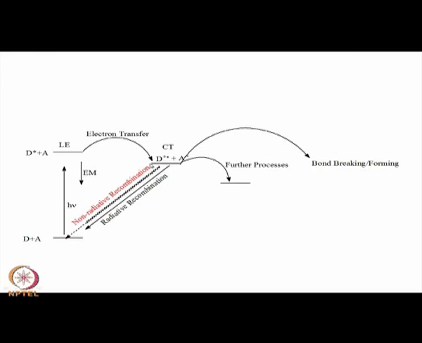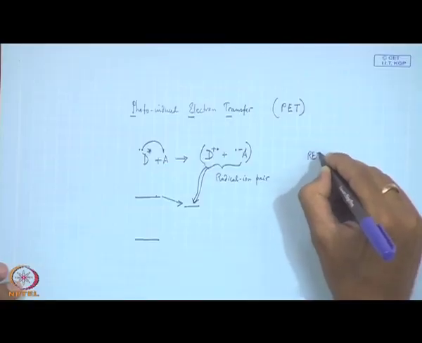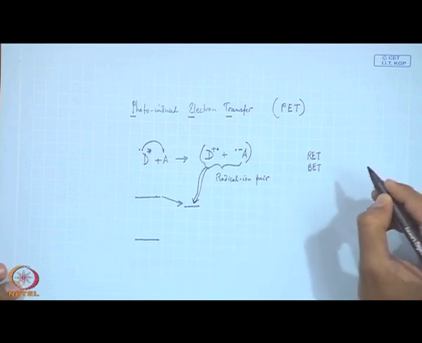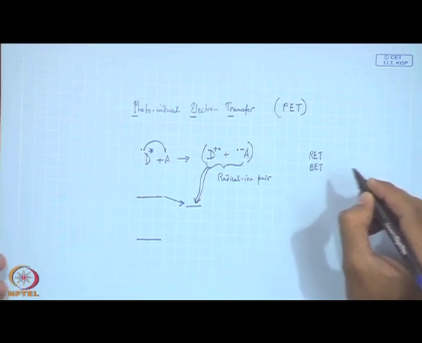If other factors are favorable, if the energy requirement is fulfilled, meaning thermodynamics is fulfilled, then D plus dot plus A minus dot is created, which is called the charge transfer state, CT state. Now, this CT state can have various reaction possibilities. One is a recombination, I mean back electron transfer, which is also called reverse electron transfer, BET or RET.